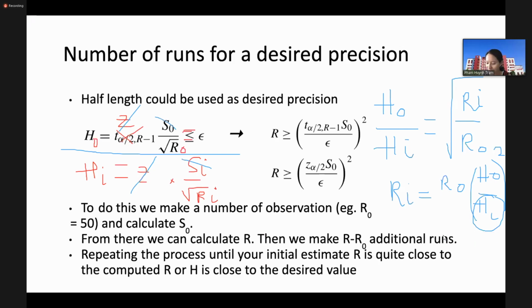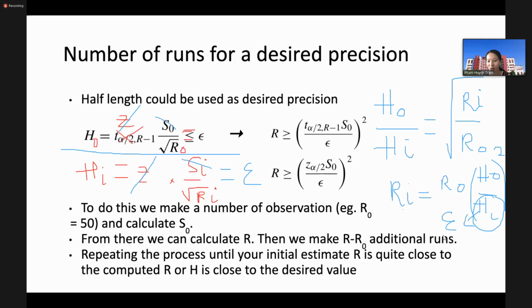So let's say you want the half width equal to epsilon. This is our design precision. So we will set this one to epsilon, and estimate how many replications, the Ri, we have if the half width is set equal to epsilon.